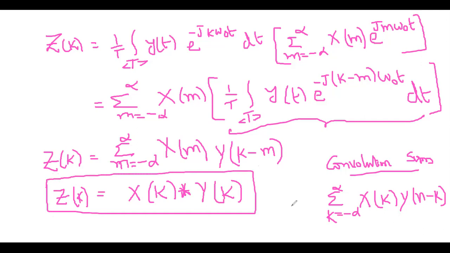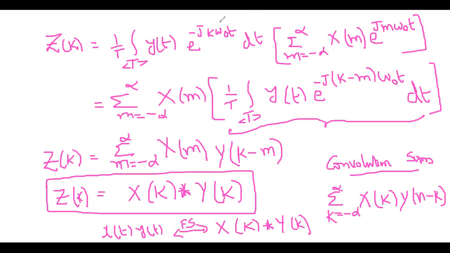In the frequency domain, the signals are convolved: x of k convolved with y of k. So for x of t and y of t, the product of the two time signals, its Fourier series is x of k convolved with y of k.